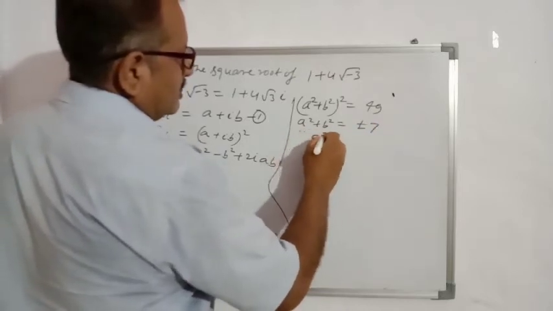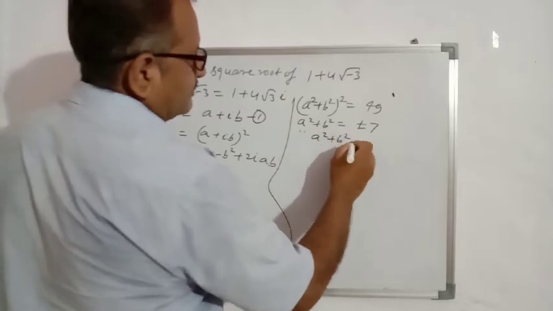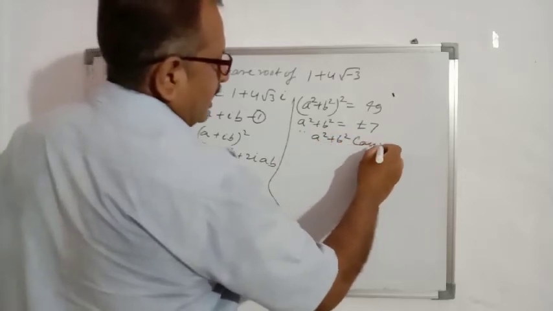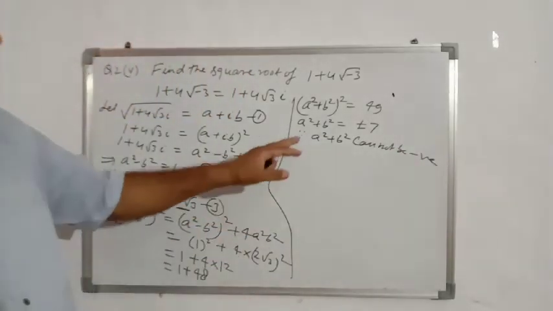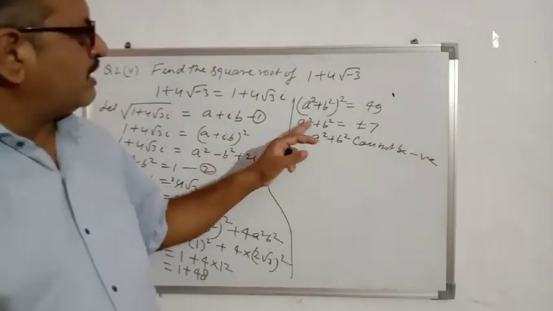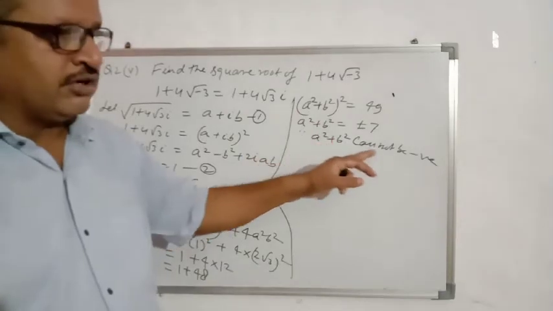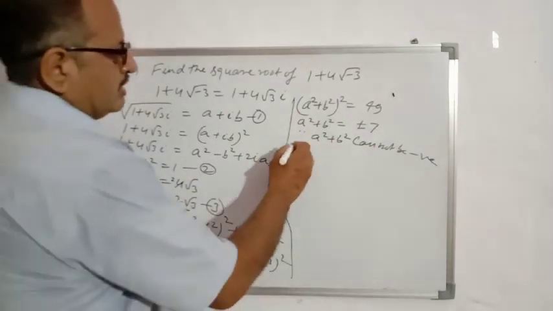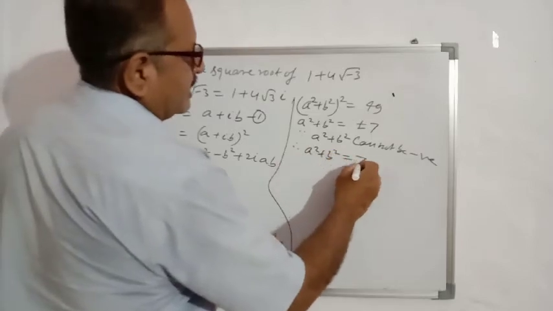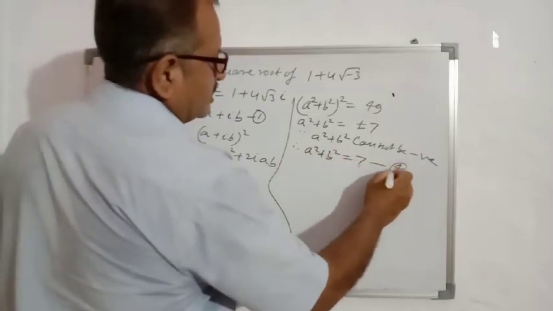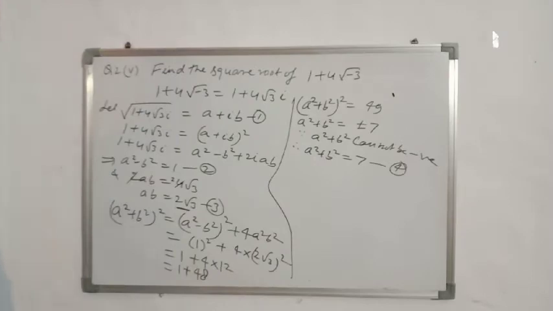Since a square plus b square is the sum of the squares of two real numbers, it cannot be negative. Therefore, for a square plus b square we will take 7. Equation number 4.